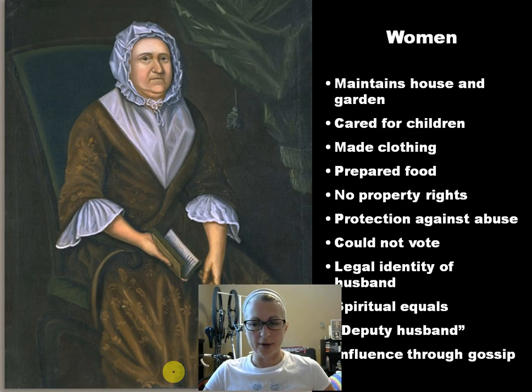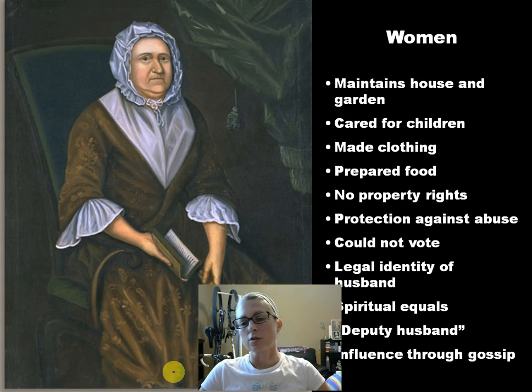Of course, some of the more negative things, no property rights. You didn't really see that a whole lot in New England. Again, we did talk about in the South how women could potentially get some land if their husband died or whatnot. You didn't see that a whole lot in New England. They did have some protections against abuse, but it happened, where you're going to have spousal abuse against their wives.